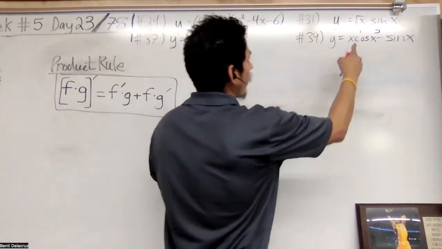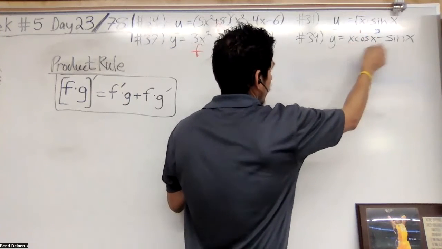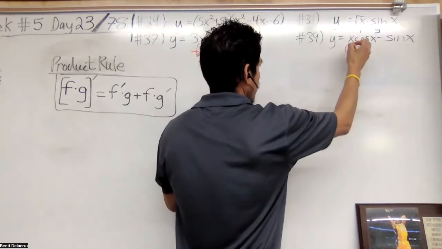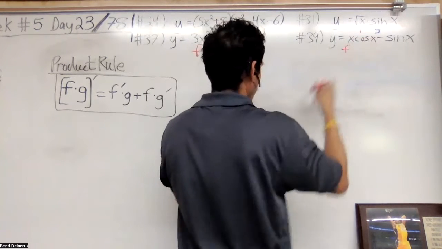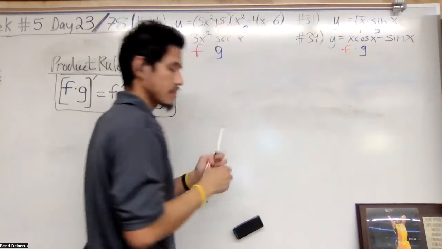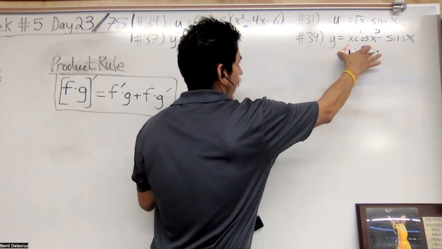Here we have a product rule in here, and then here we just have it be minus sine of x. So for this one, let's look at this part, the x is our f, the cosine of x is our g. So we're going to focus first on just taking the product rule here.